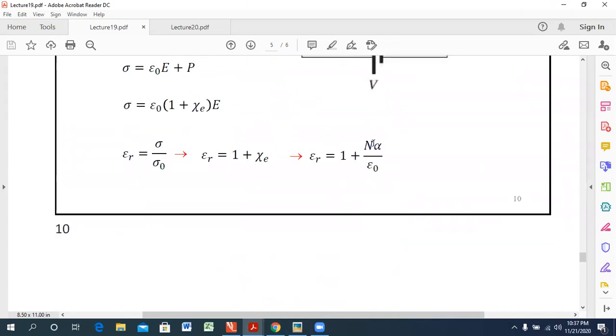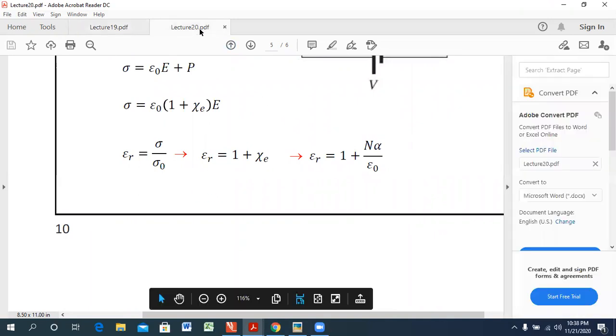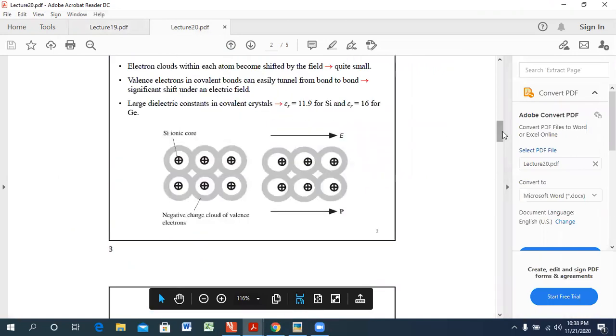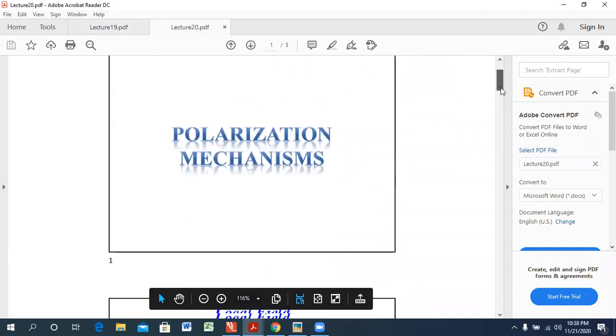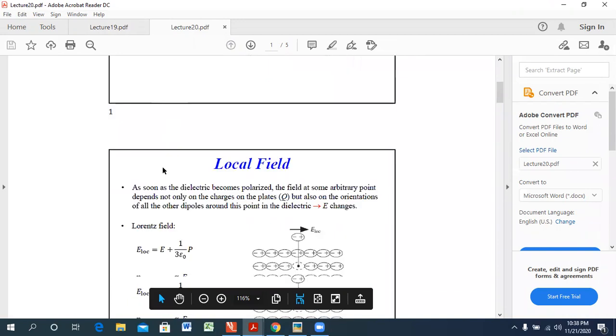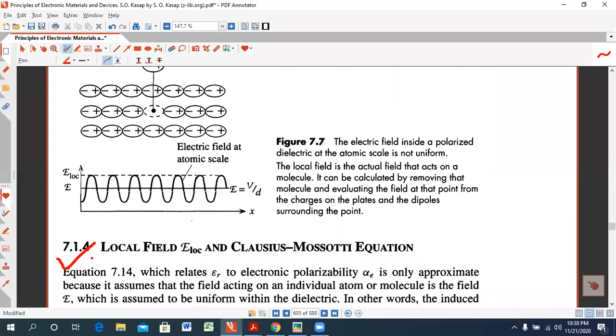So I think I have covered lecture number 19, and in our 10th lecture we will start from lecture 20, which is on polarization mechanisms. If we look at our book, we will start from 7.1.4.